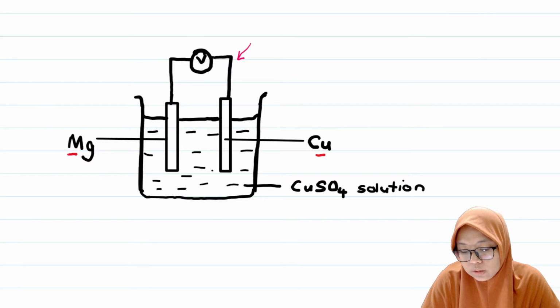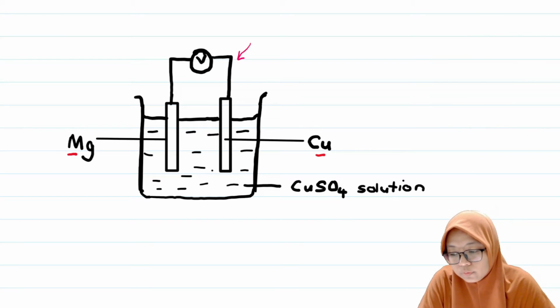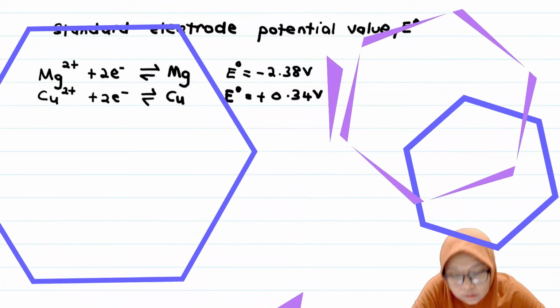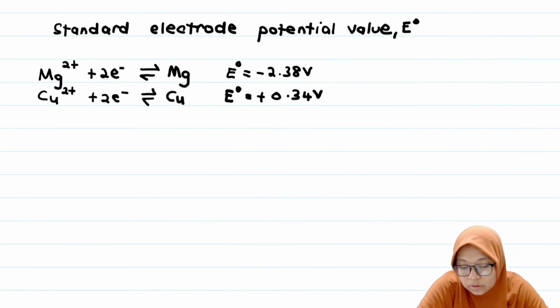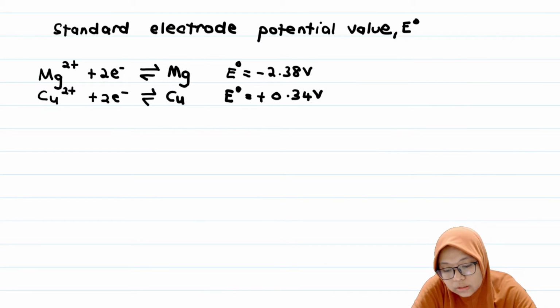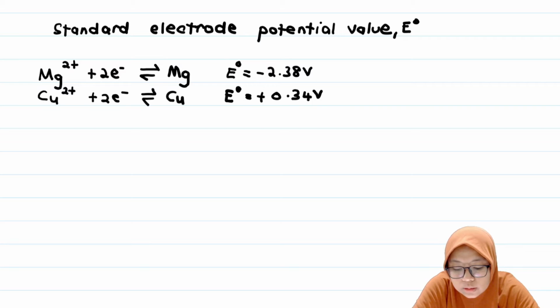Before we talk about how the metal releases electrons or the ion accepts electrons, let's look at the E value for both metals. This is the standard electrode potential value for magnesium and copper. If you look at the series, we are arranging the E value according to the negative value first and then followed by the positive value.